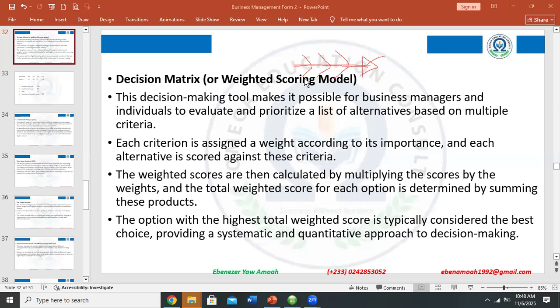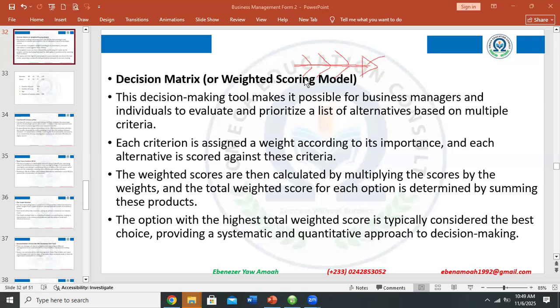Now, after setting the criteria, you measure each alternative against the criteria and assign scores. That's how they do examinations and class assessment, and maybe Kofi scored 30, Adwa scored 70. And based on those scores, you multiply with the weight assigned to the criteria, right?